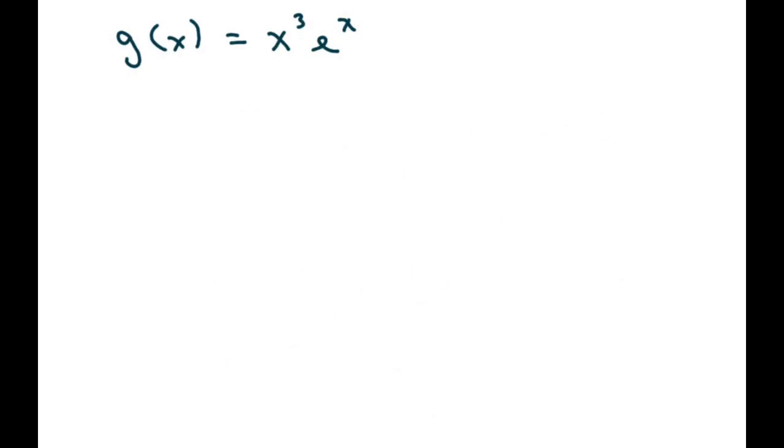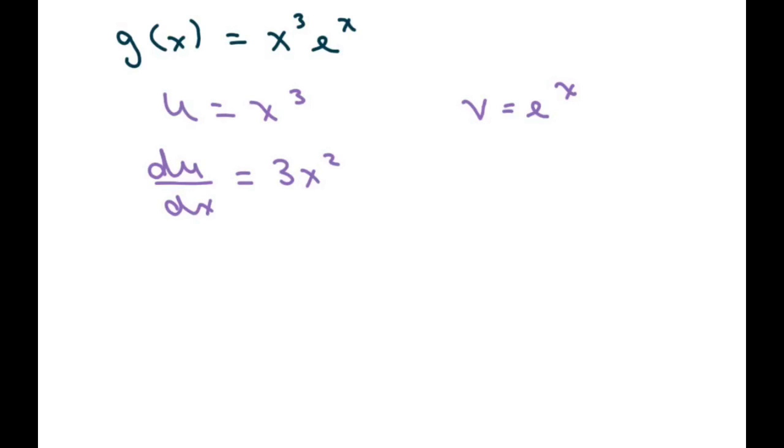Okay, the next one, we can use the product rule, so I'm going to let u equals x cubed and v equals e to the x. So derivative of u with respect to x equals 3x squared, and the derivative of e to the x is just e to the x.